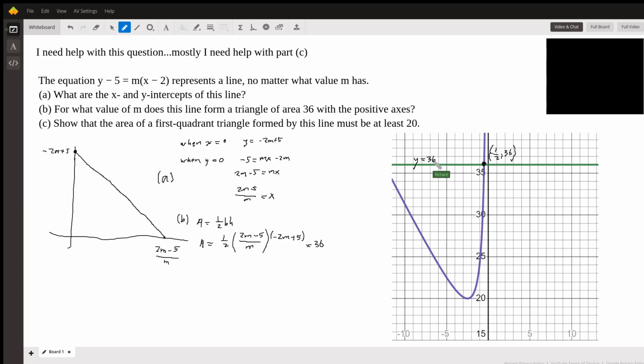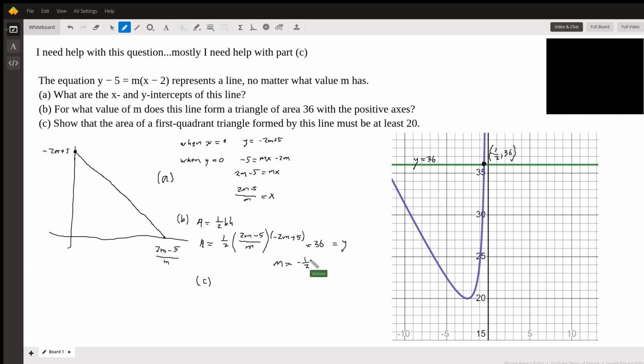So that's just from graphing the line y equals 36, and then the other line, this would have been y equals, over here, m instead of x, since m is the x-axis. So that answer is part B. So here, if you set this area to 36, you're going to get m equals -1/2. Okay.